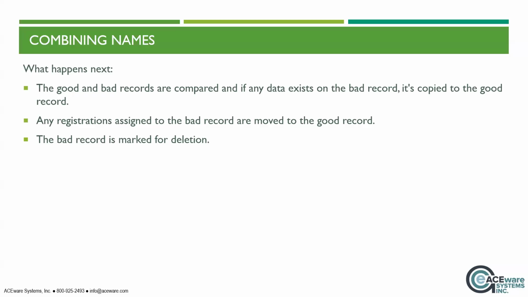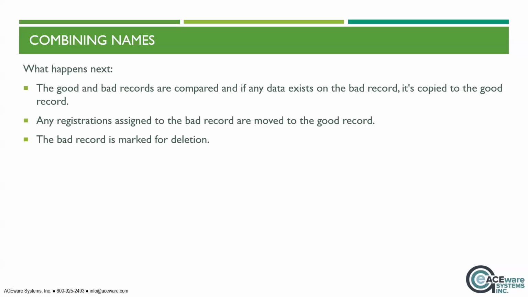If there is a spot on the good record that isn't filled in, but it is filled in on the quote unquote bad record, it will fill that information in. So it's going to endeavor to give you the most complete information between the two records.